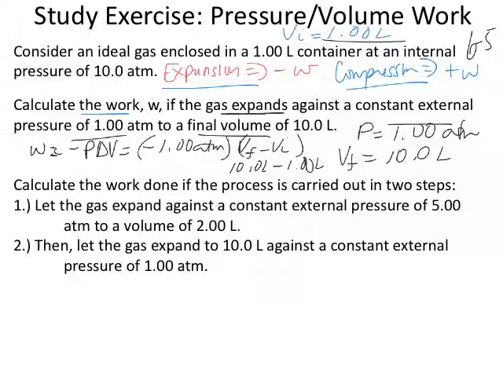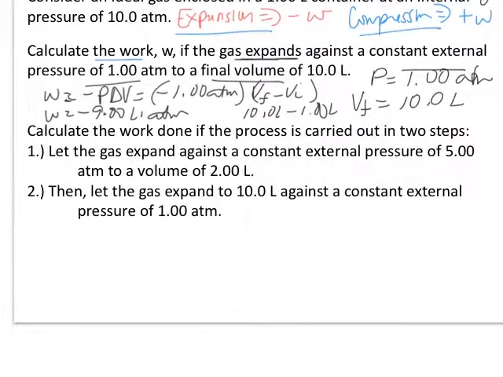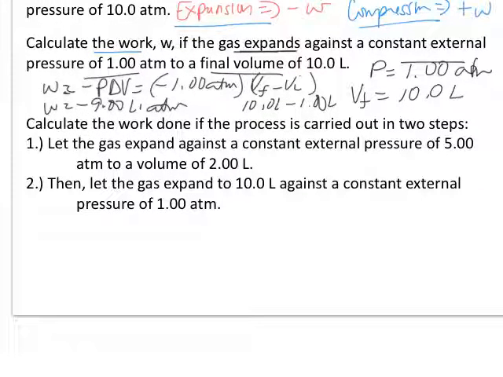and we do VF minus VI, that's basically 10.0 liters minus the 1.0 liters, and that works out to be 9. The answer to this problem then ends up being a negative 9.00 liters times atmospheres, and we don't want it in liters times atmosphere, so we're going to have to convert, because work needs to be in joules.